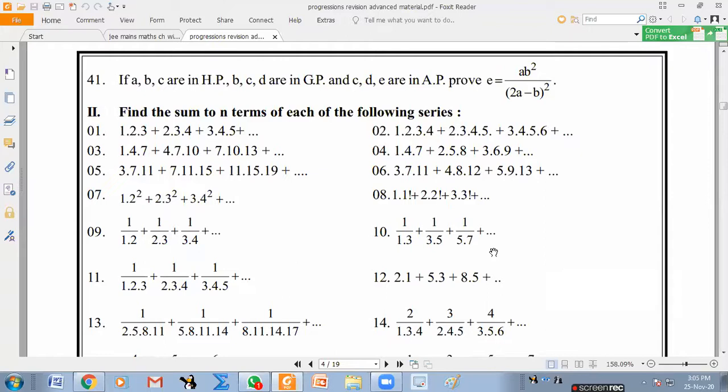Okay, 41. Some A, B are in HP. B, C, D are in GP.